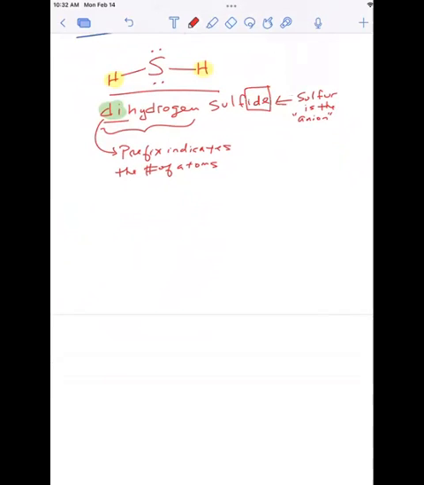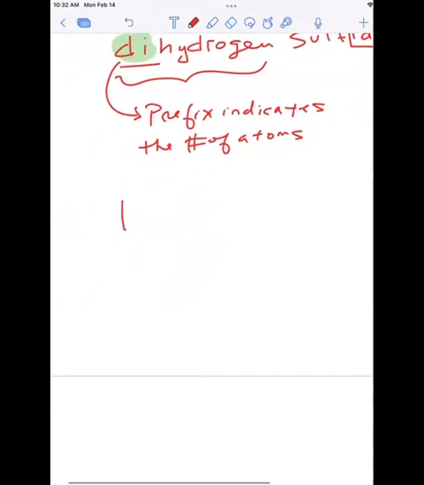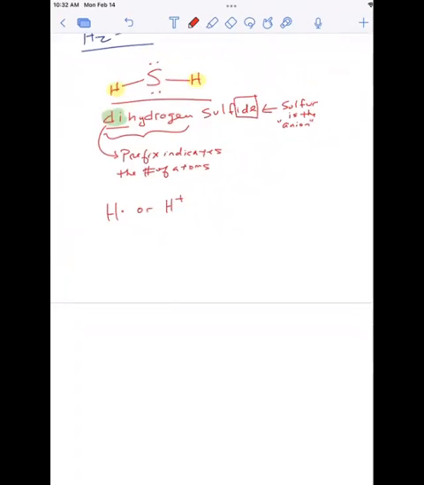It's capable of forming a charge of -2. Hydrogen has one valence electron, or it can be H+. So when you have a molecule like this, you put the hydrogen first, so it's dihydrogen, and then you put the central atom last, so it's dihydrogen sulfide.